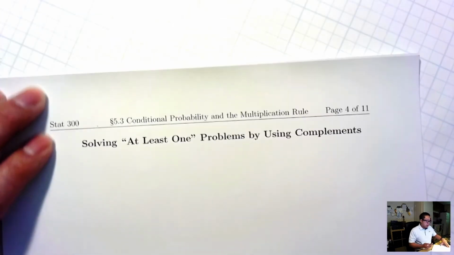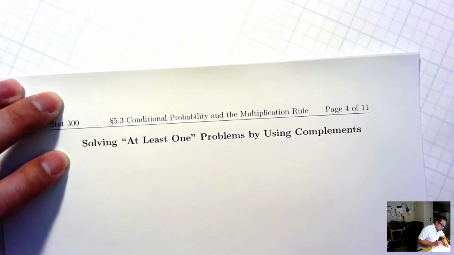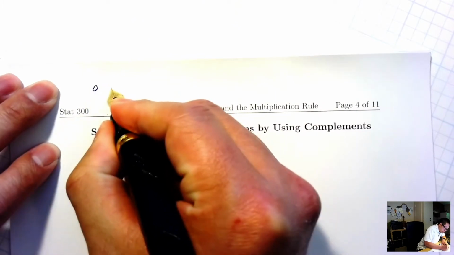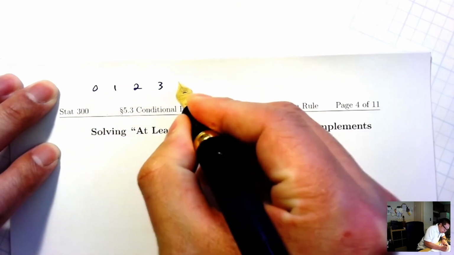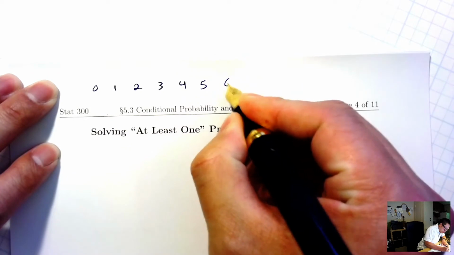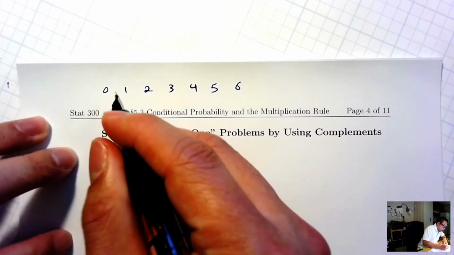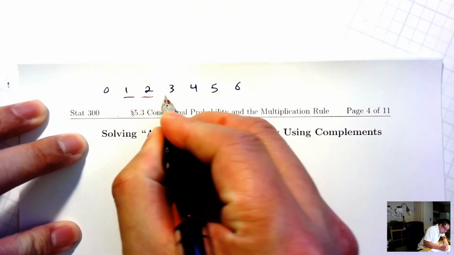All right, so what is the complement of at least one? If I wrote those numbers 0, 1, 2, 3, 4, 5, 6, when I say at least one, which numbers do I mean? Numbers that are at least 1. At least 1 means 1 or more, so at least 1 would mean 1, 2, 3, 4, 5, 6.